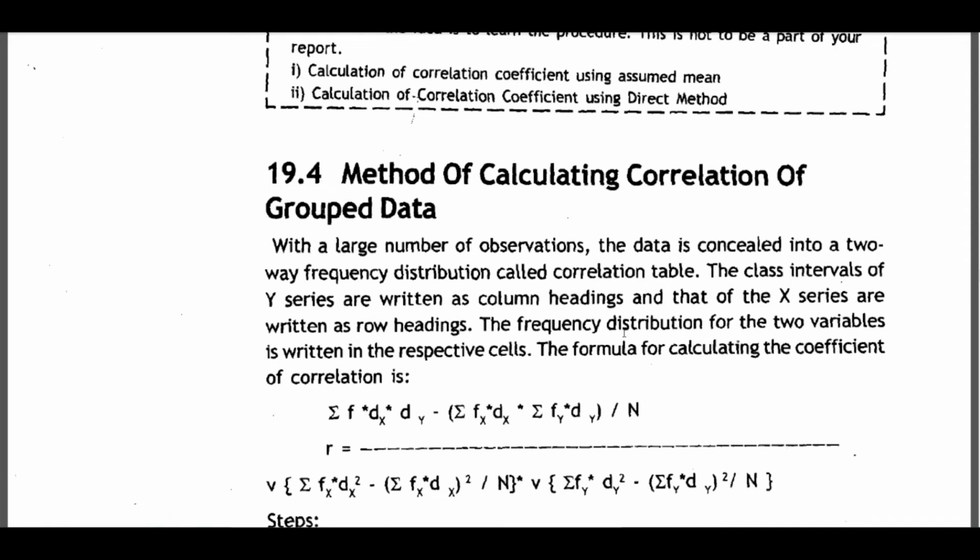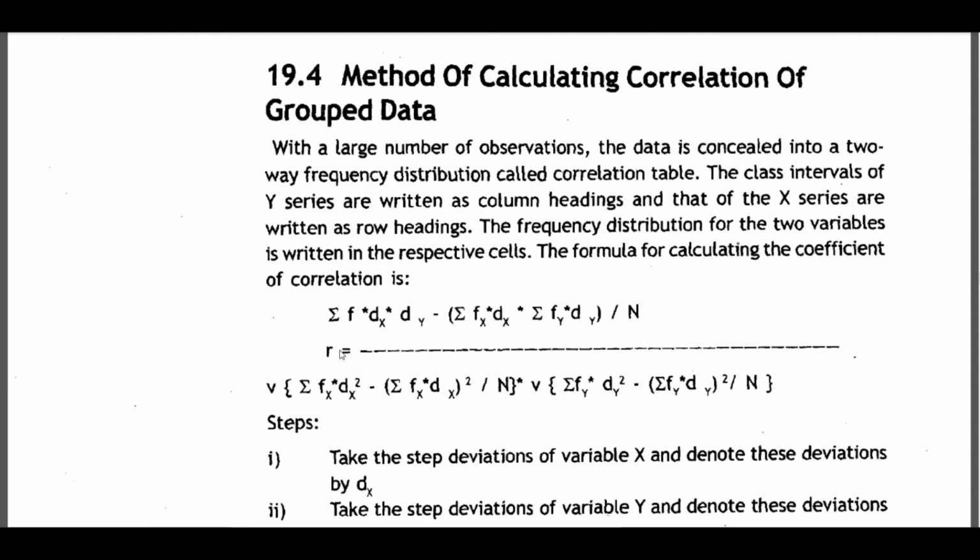The frequency distribution for the two variables is written in the respective cells. The formula for calculating the coefficient of correlation is the sum of f into dx into dy minus the bracket of sigma fdx and sigma fdy, divided by n.